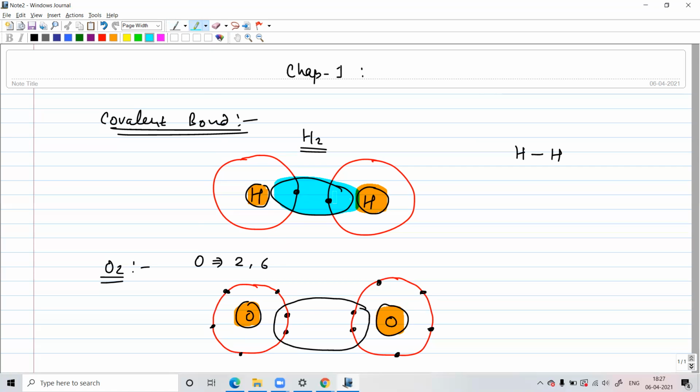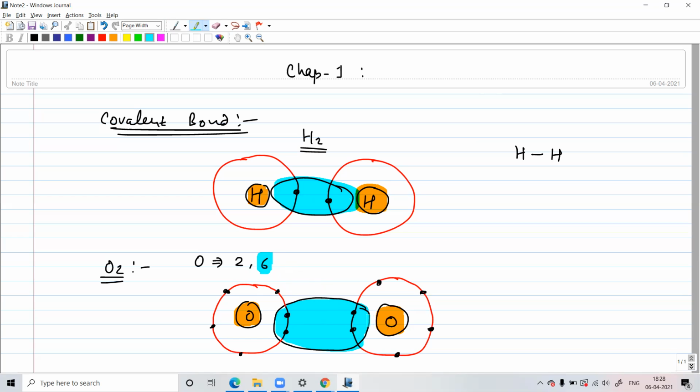Hydrogen was sharing how many electrons? Each one was sharing one electron. But in case of oxygen, both of them are sharing 2 electrons each. You should be able to understand why they are sharing 2, right? Because the outermost shell right now has how many? 6 electrons. And how many more it needs to make the octet, to make 8 electrons in the outermost shell.